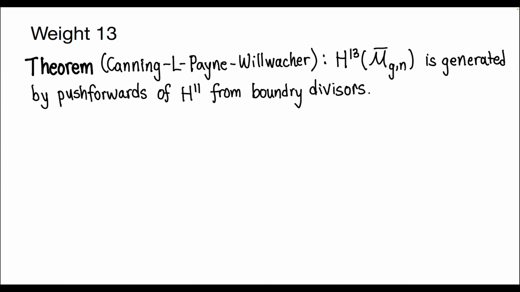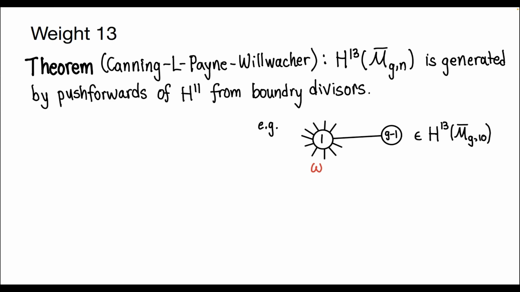And you'll realize, well, that means we also needed a lot more base cases as well. So there was really some finesse that went into getting these additional base cases. But the result is that H^13 is actually generated by push forwards of H^11 on boundary divisors.